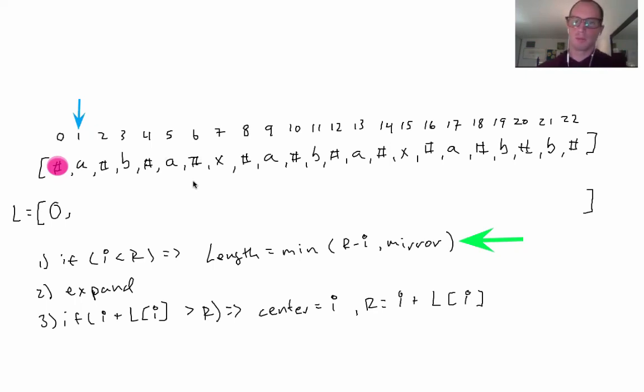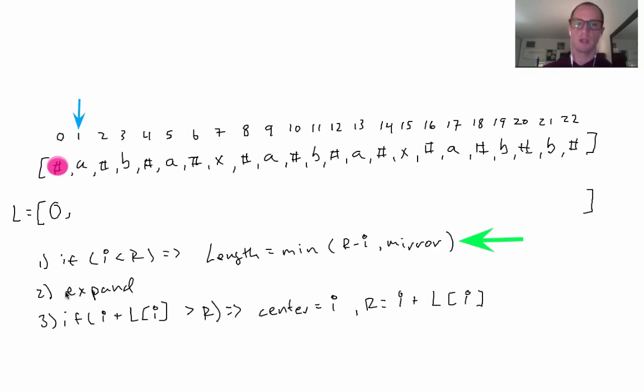So there are 3 things that are happening at every iteration through this algorithm. The first one is we're checking to see if the current position is less than the right barrier. If the current position is less than the right barrier, then we can use its mirror to update its palindrome. Then we need to expand around the center, so we'll expand around the center to measure the size of the palindrome.